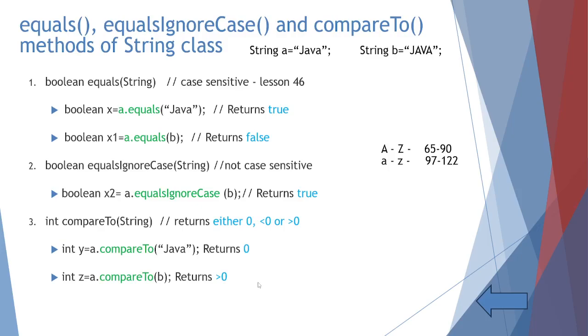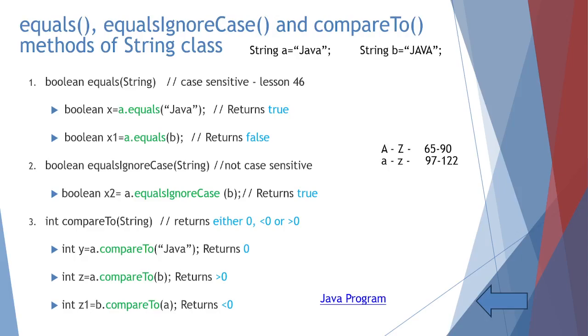But in the next example, if you see, int z1 is equal to b dot compareTo a. B is the first object now. So B minus A happens. B has J and A has J as their first characters, so 0 is returned.